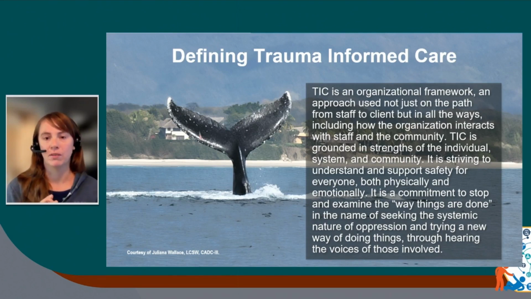Trauma-informed care is an organizational framework. So I'm intentionally saying here that this isn't just about how we as clinicians work with and treat our clients, but it's also in the way that the organization interacts with the staff and the community. It's grounded in strengths of all of those systems.